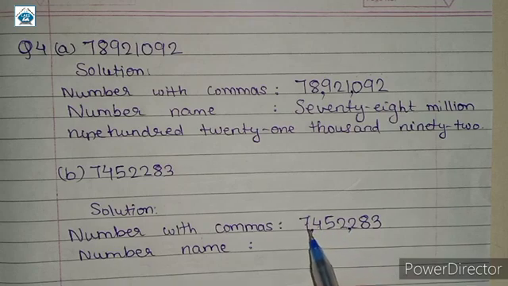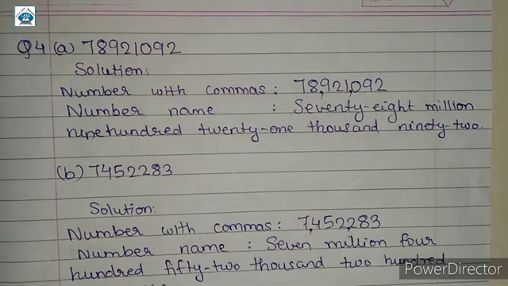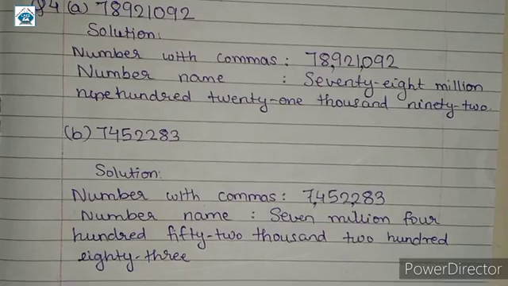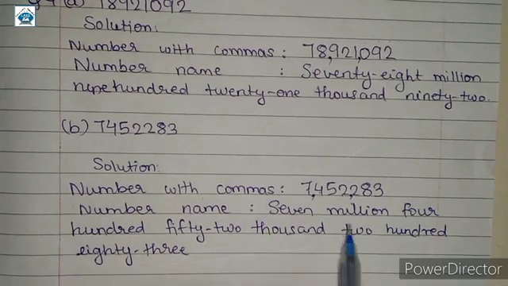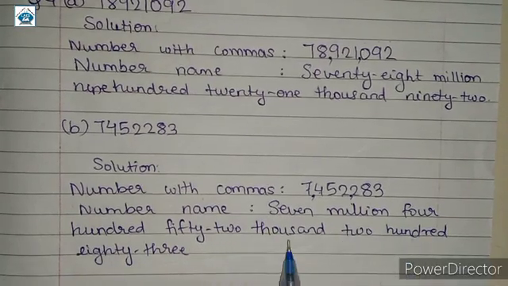So here the place value of 7 is million. So beginning with 7,452,283. This is the number name of this number. So here this is how you need to write the number name.